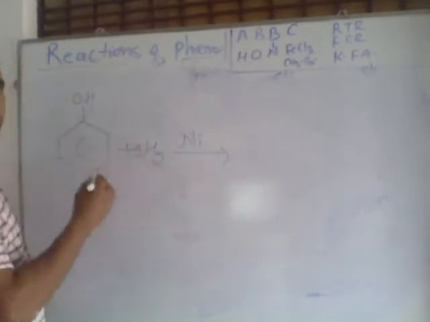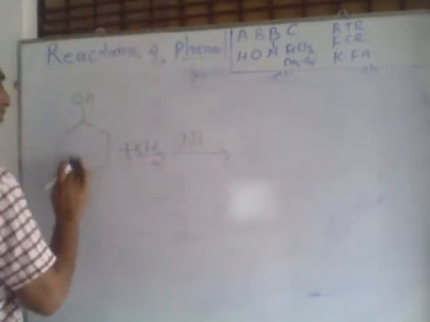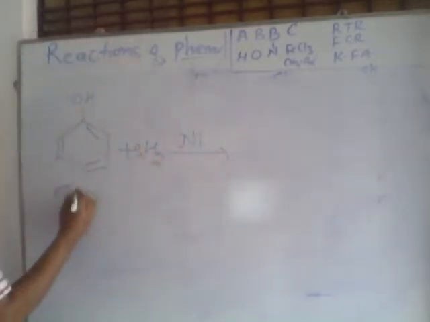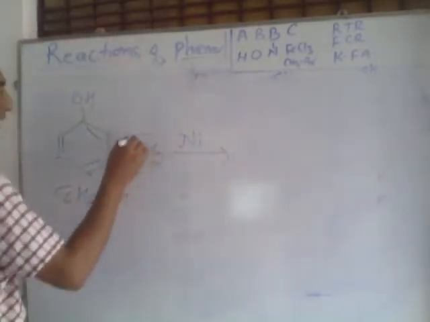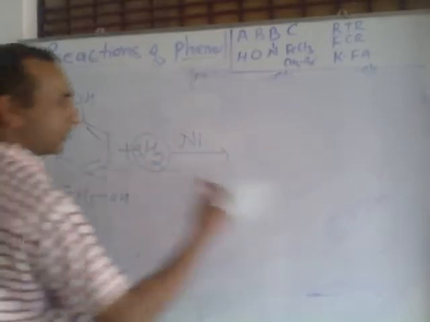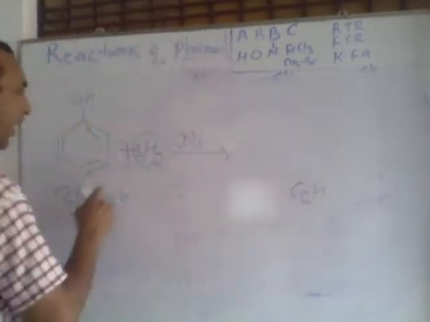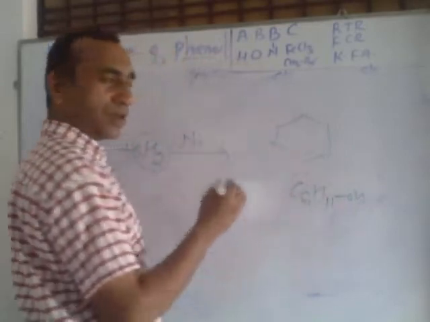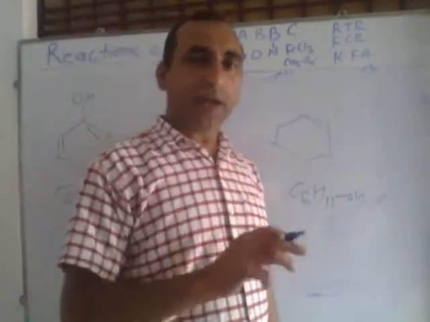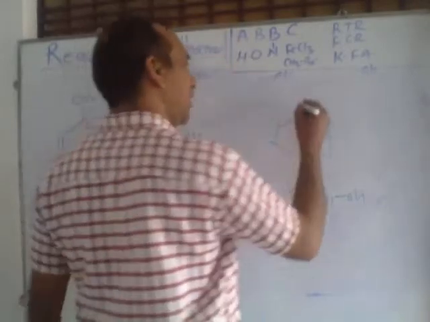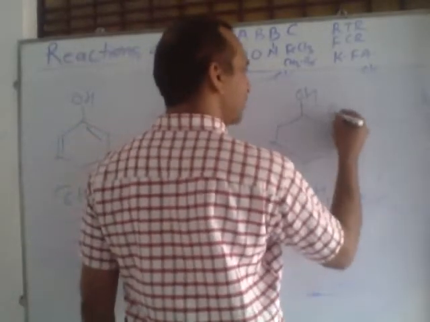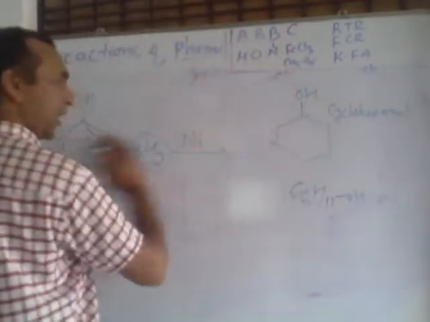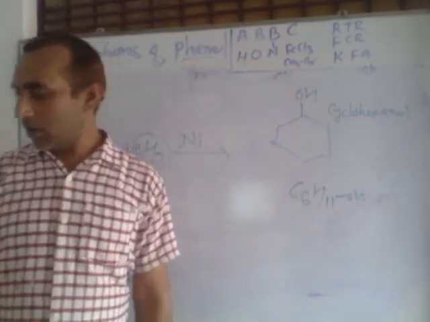Inside the ring there are alternate double and single bonds. Before this the compound is C6H5OH, but after adding 6 hydrogens the compound becomes C6H11OH. This ring is called cyclohexane. Inside cyclohexane there are no double bonds, only single bonds, and on top there is OH. So this is called cyclohexanol. This reaction is called reduction, meaning addition of hydrogen.